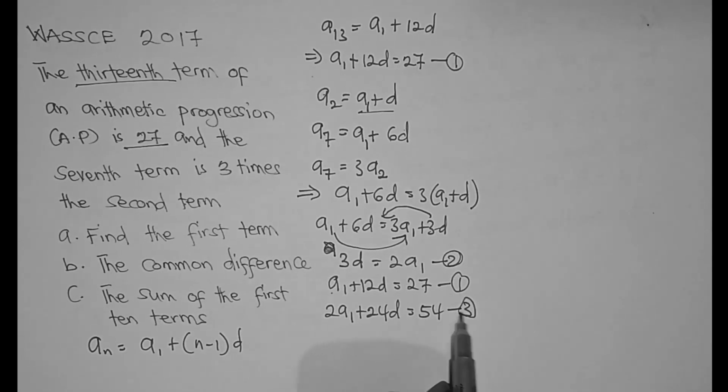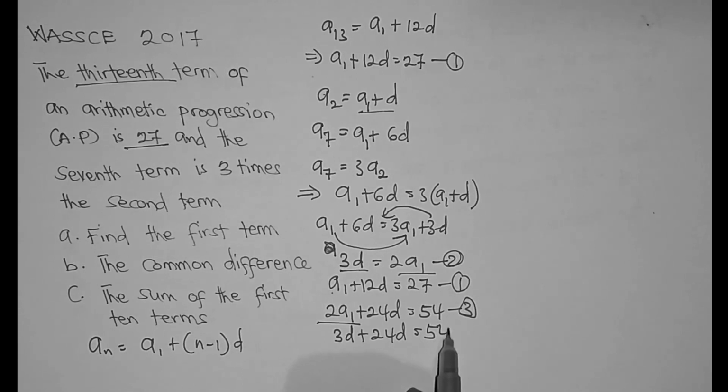This becomes equation 3. We can substitute, because 2A1 is equal to 3D. So we replace 2A1 with 3D. So 3D plus 24D is equal to 54. So 3 plus 24 is 27D equals 54.